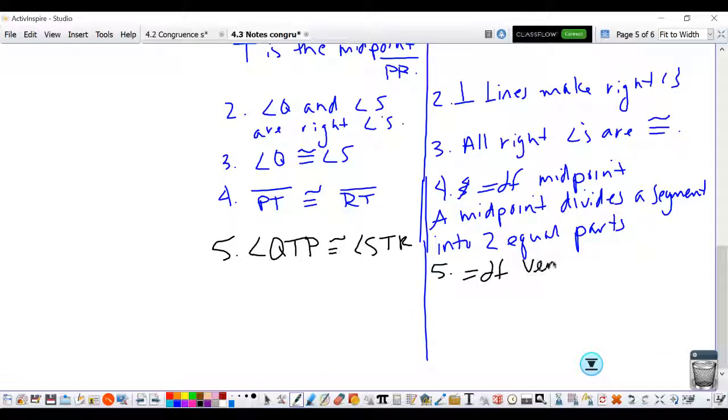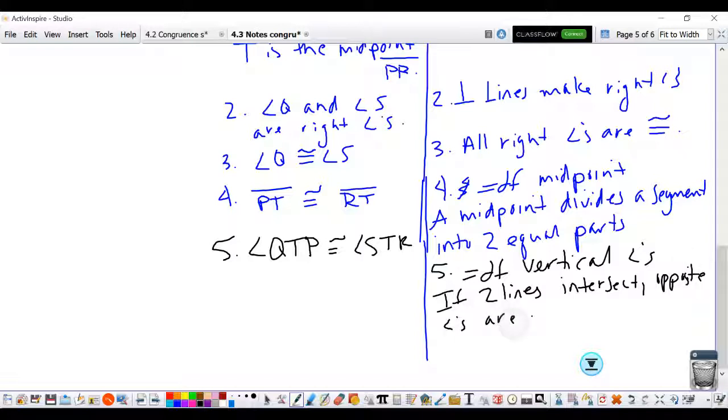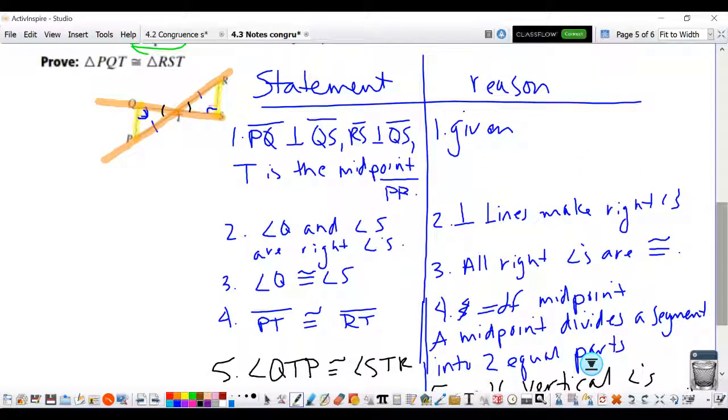Definition of vertical angles. Actually write it out. If two lines intersect, opposite angles are congruent.